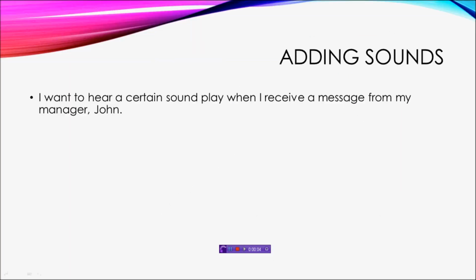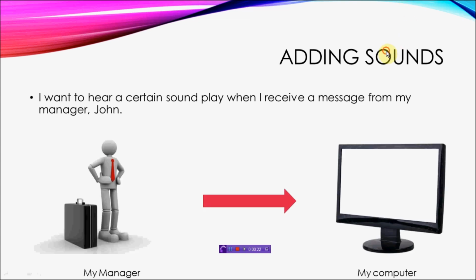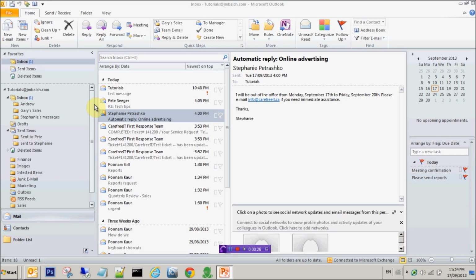Okay, in the next example, we are talking about creating a rule to play sounds for certain messages. For example, I want to hear a certain sound play when I receive a message from my manager, John. Okay, so how do I achieve this?